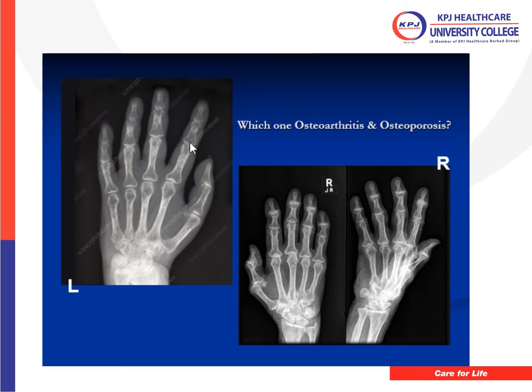They involve the joint itself, the proximal and distal. The appearance is quite similar, but it's not so similar. There are differences in the pathology between left and right. So you have to decide that.